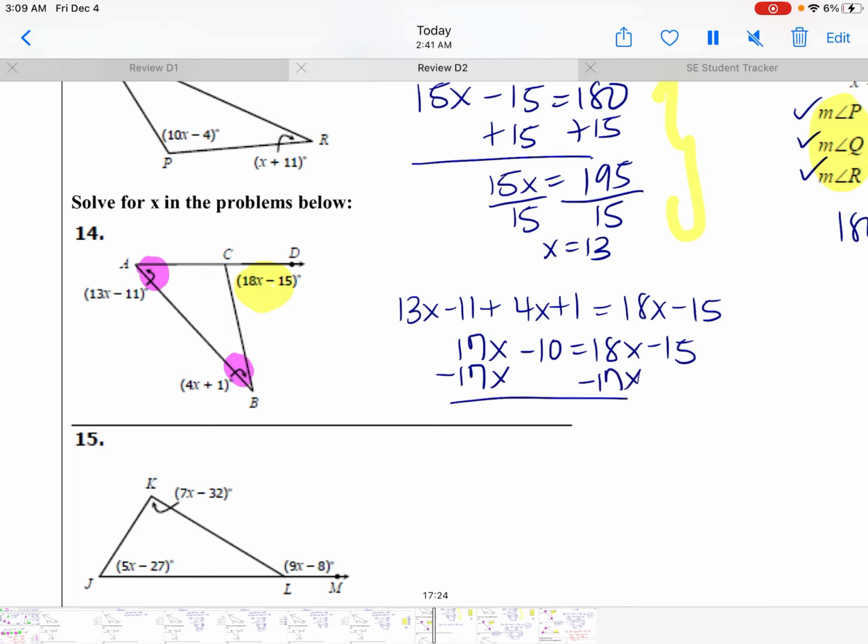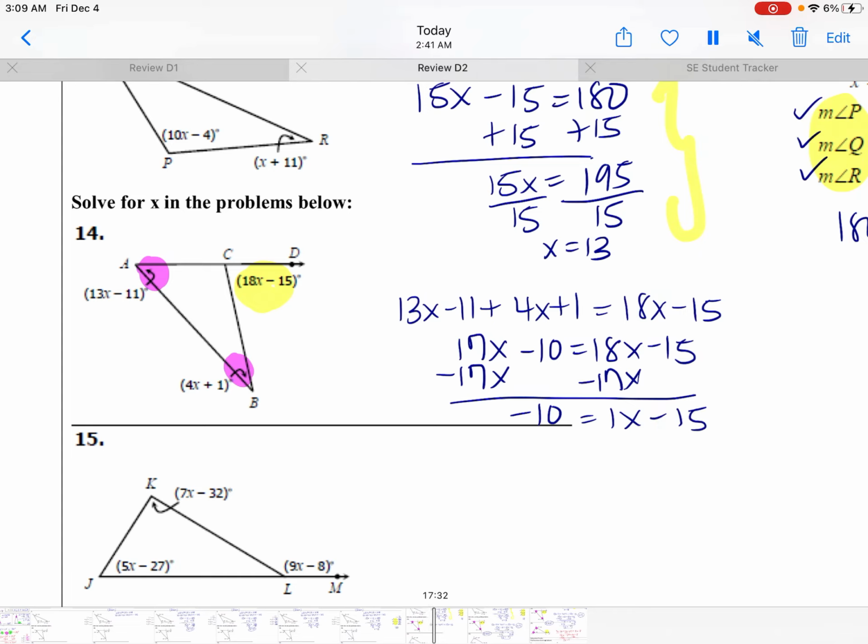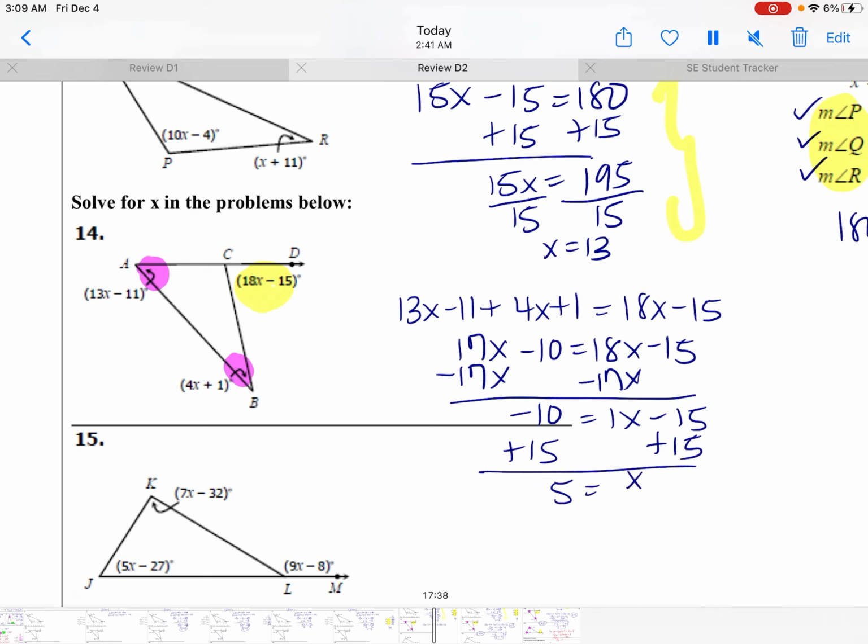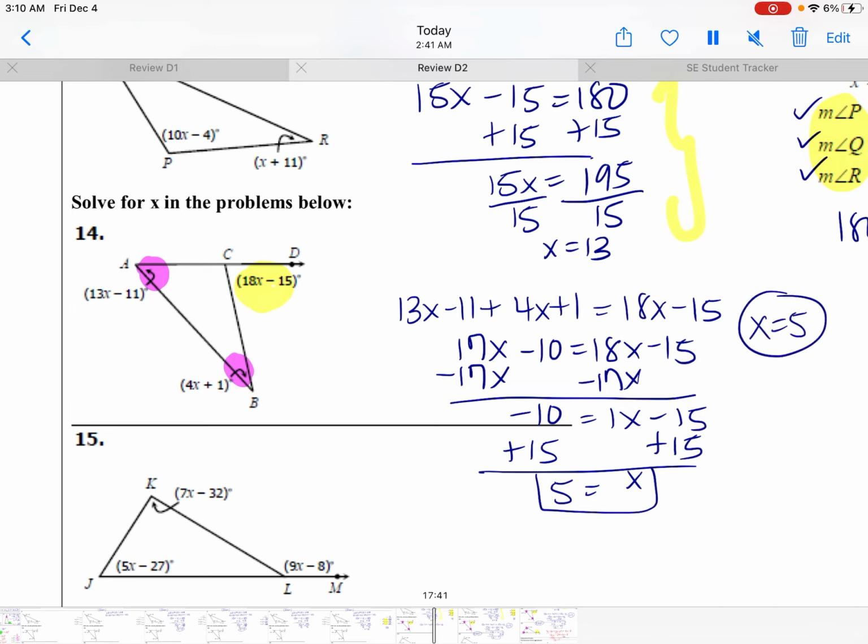So subtract 17x from both sides, and you get negative 10 equals 1x minus 15. And then we're going to be adding 15. We notice that x equals 5. That's all they're asking us for this problem, to solve for x. And we said that x equals 5. Again, this is an exterior angle. The outside angle equals the two non-adjacent interior angles.